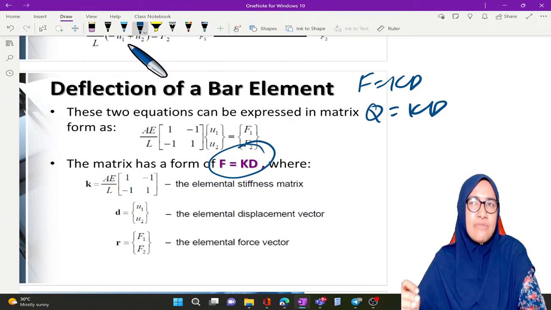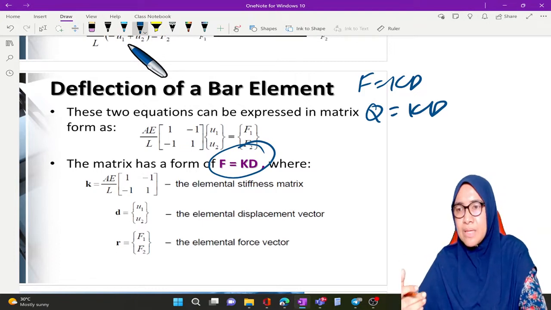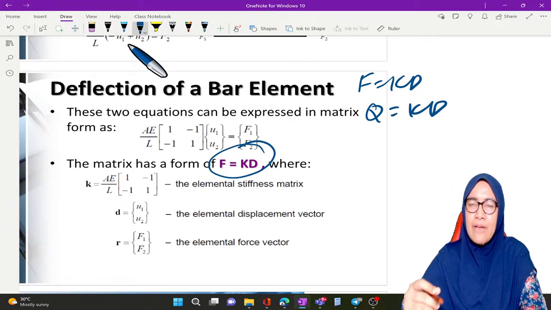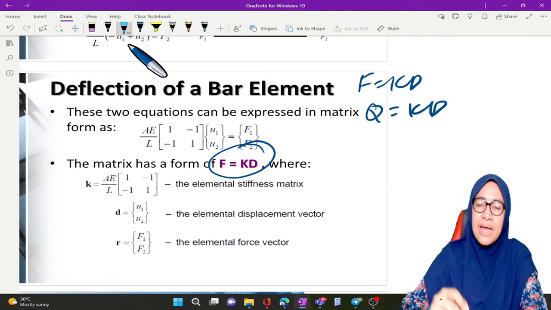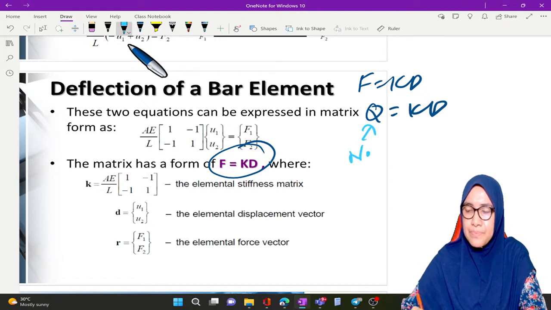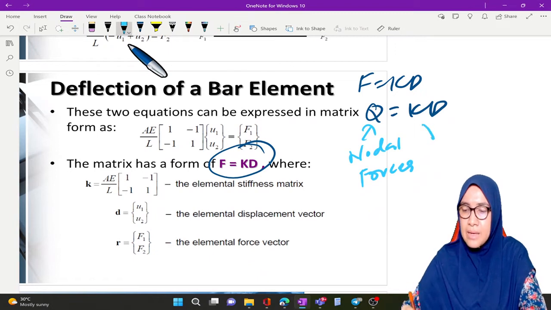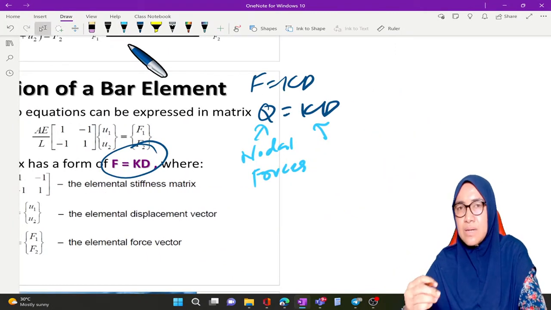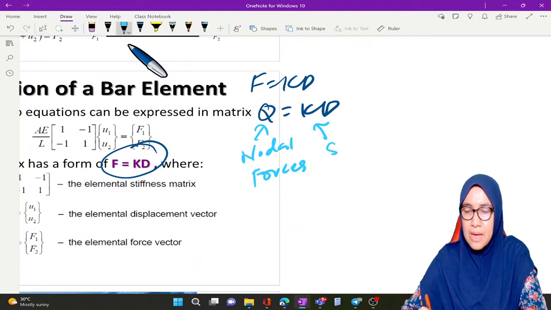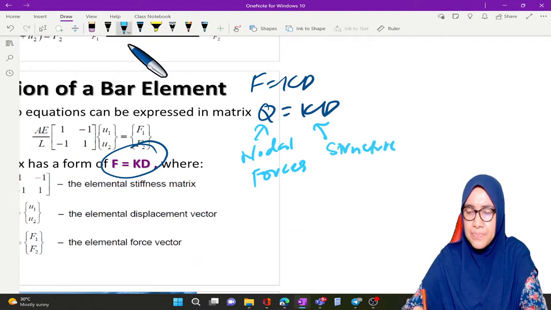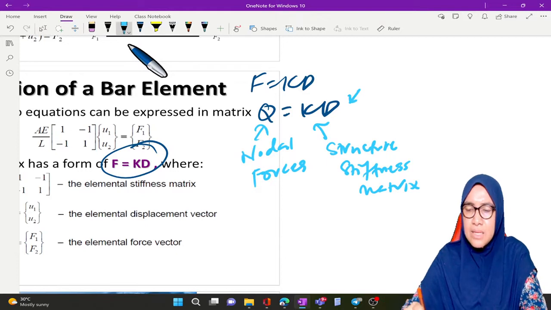And remember, since the stiffness method will be written all in matrix, F in the stiffness method is called nodal forces, K is the structure stiffness matrix, and D is nodal displacement.